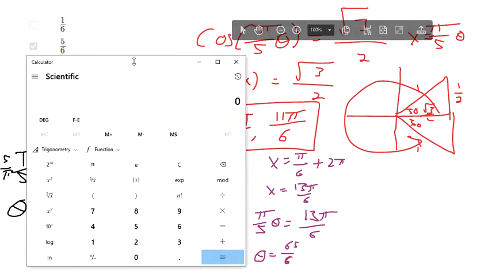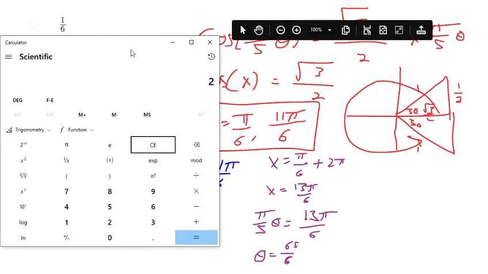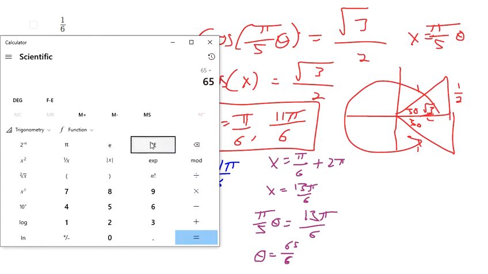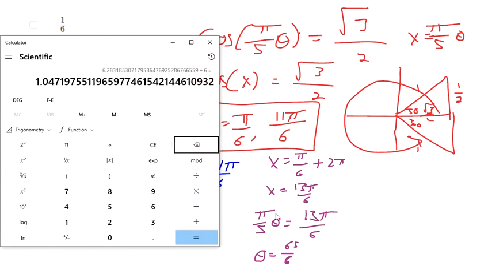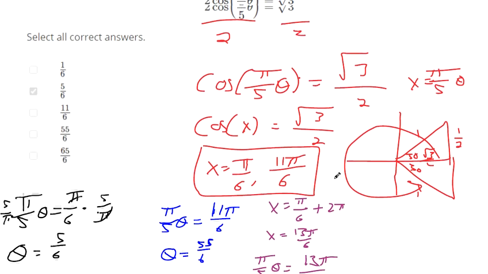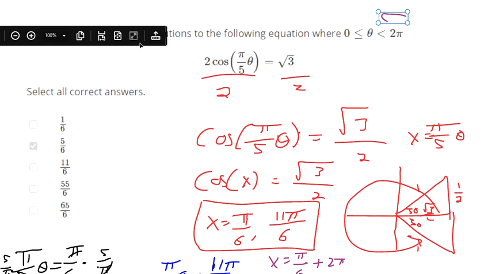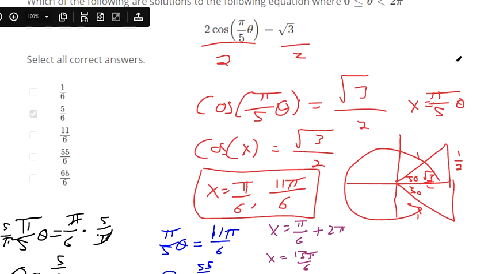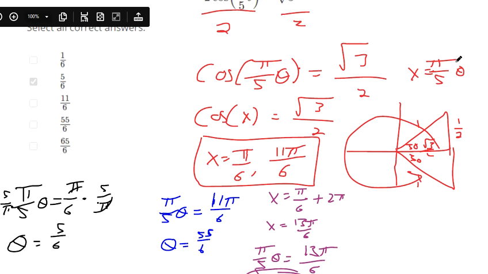And let's see if that's beyond our limits. 2 pi was as high as we could go. So if we do 2 times pi as a decimal, 6.28. If we do 65 divided by 6, yeah. So this is out because it's too large. It's above 2 pi, okay?